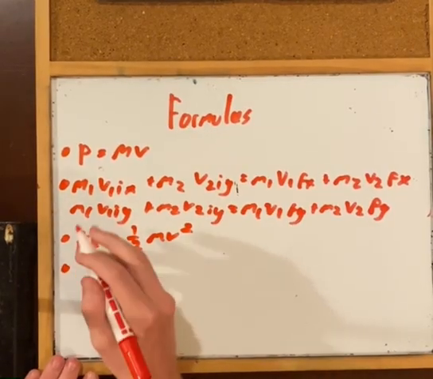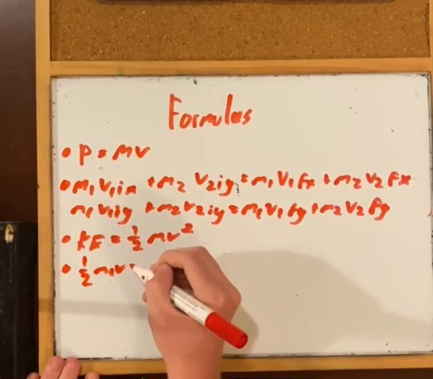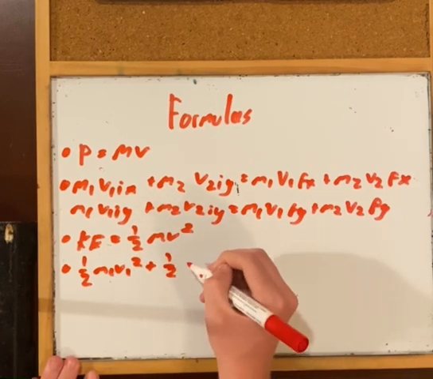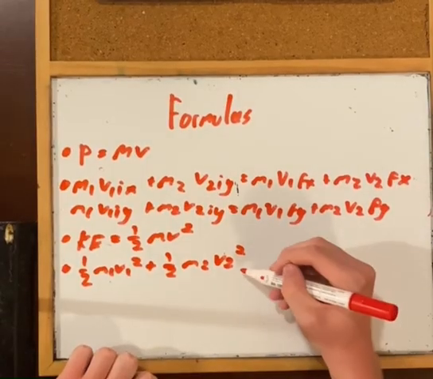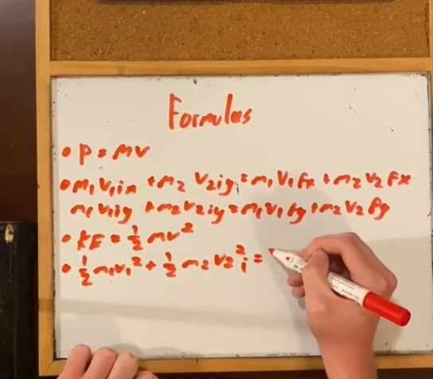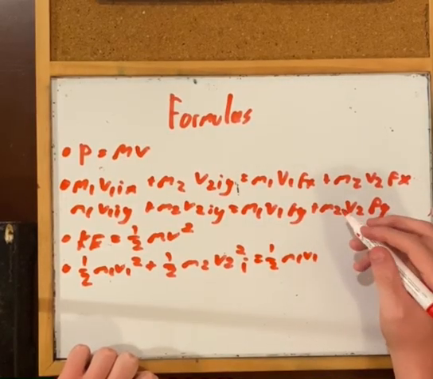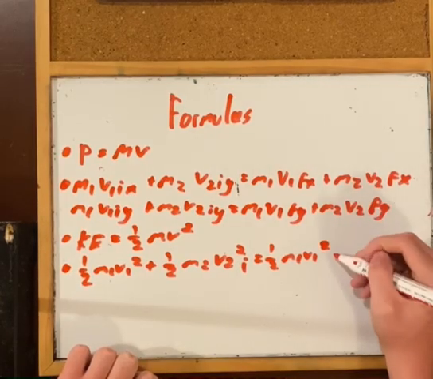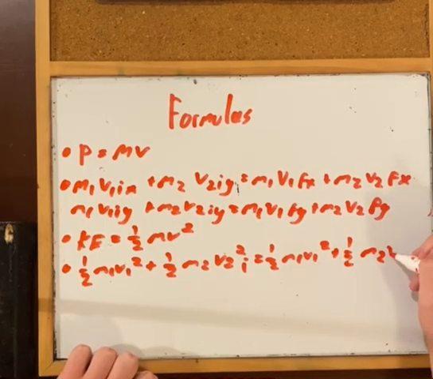And this is our second formula: 1/2 m1 v1 squared plus 1/2 m2 v2 squared initial equals 1/2 m1 v1 final squared plus 1/2 m2 v2 final squared.